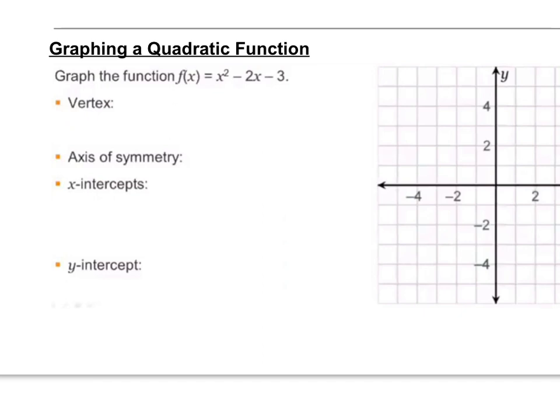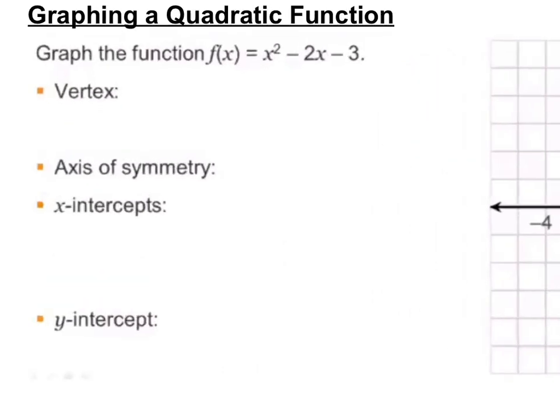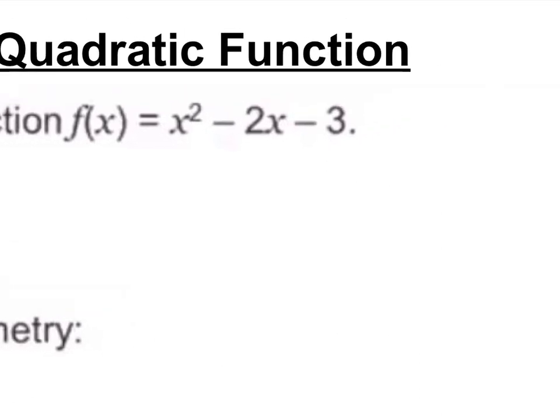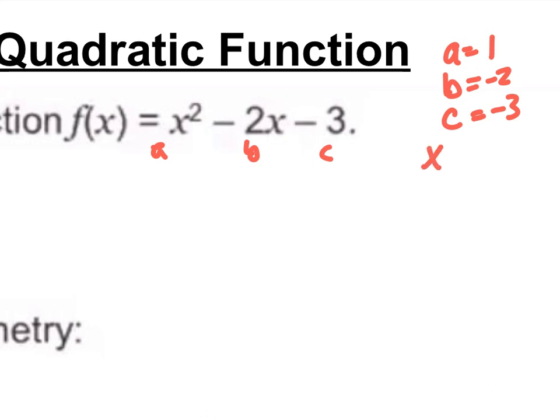We've got the graph x squared minus 2x minus 3. Let's take a look at the vertex first. Let's label this as A, B, and C. So A is equal to 1, B is equal to -2, and C is equal to -3. Now I want to do x is equal to opposite b over 2a.